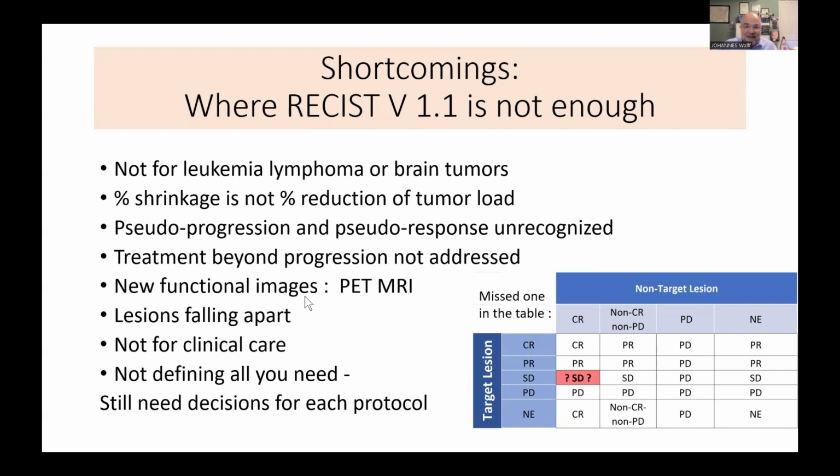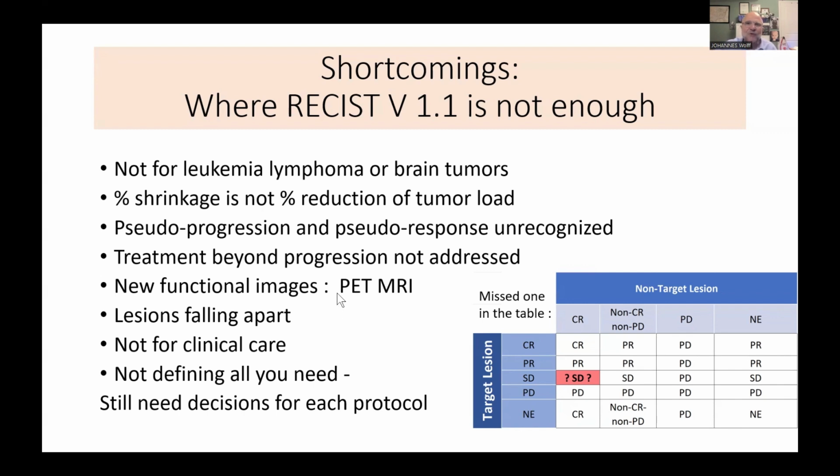In 2009, CT was the best method. Now, imaging methods have improved. PET and MRI, or combinations, PET-CT, PET-MRI, various tracers in PET have come around, and those methods may be better to describe really what happens with a cancer on treatment, both may be more sensitive to show progression, and they may be more accurate to show response.